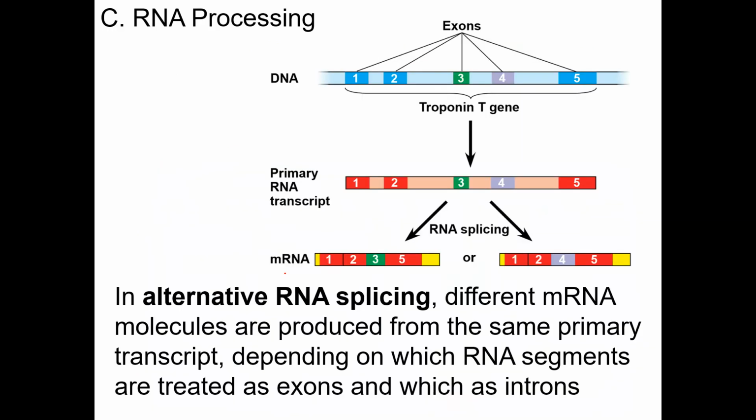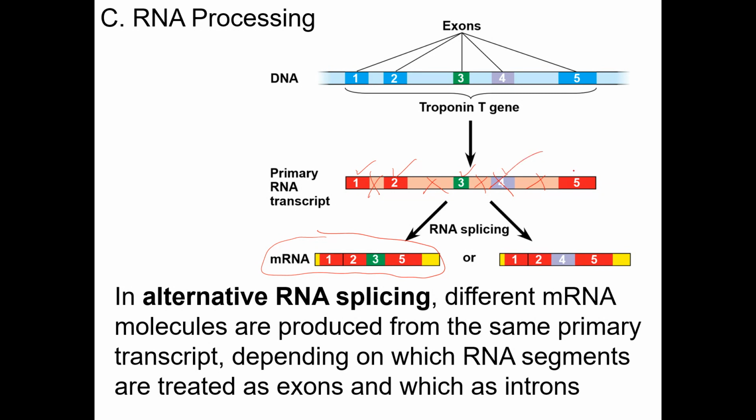We've already talked about alternative RNA splicing in the past. You can make this particular mRNA if you cut out this intron and this one and this one and this one. So here's one particular mRNA, but you could splice these exons, the exons being the ones expressed, differently.